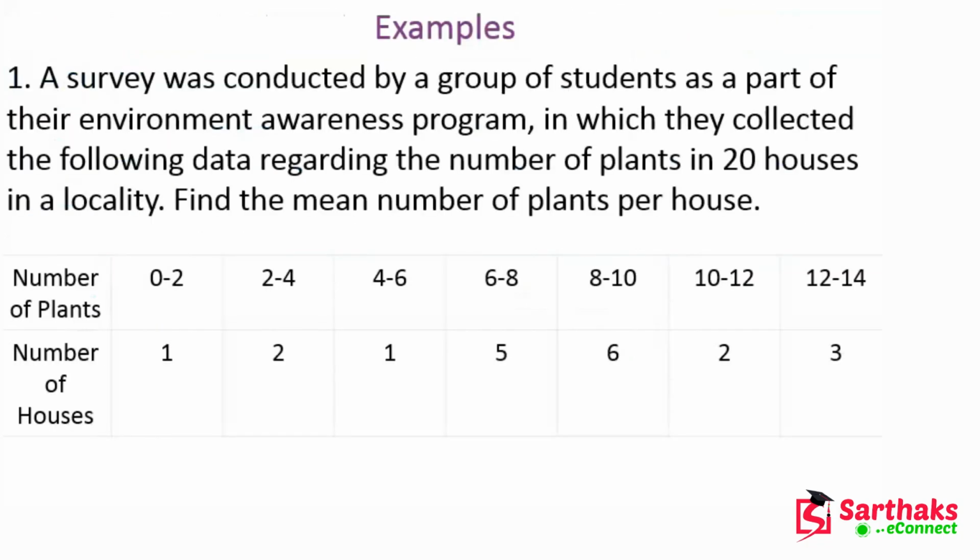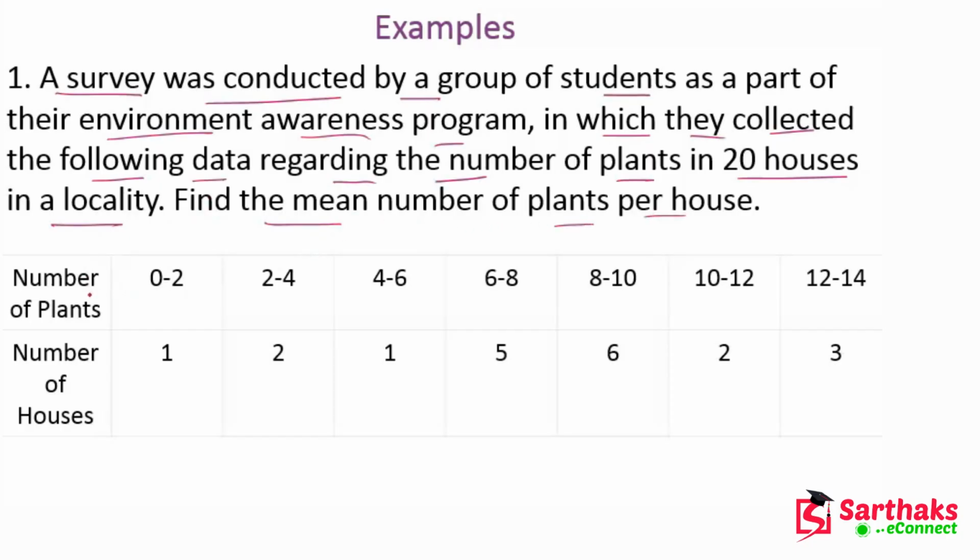Question number 1 is, a survey was conducted by a group of students as a part of their environment awareness program, in which they collected the following data regarding the number of plants in 20 houses in a locality. Now my dear friends, we have to find the mean number of plants per house.